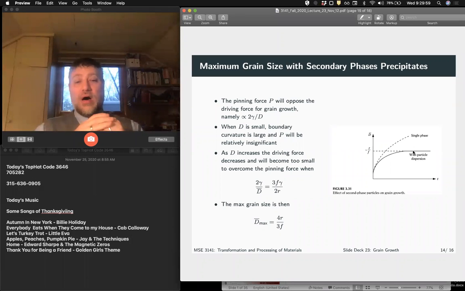When our grains are small, all of our boundary curvature is very large, and the pinning force is going to be relatively insignificant relative to the driving force for coarsening. Okay. But as our diameter increases, our curvature becomes smaller and smaller and smaller.